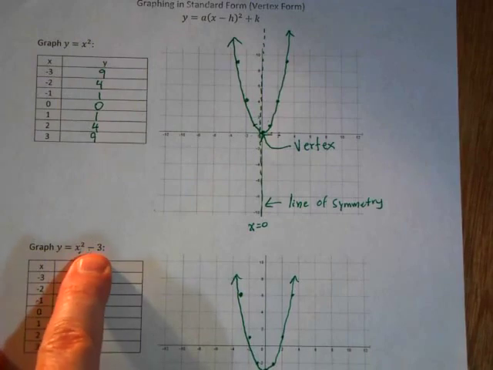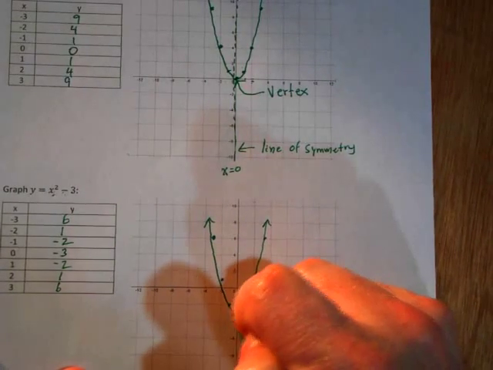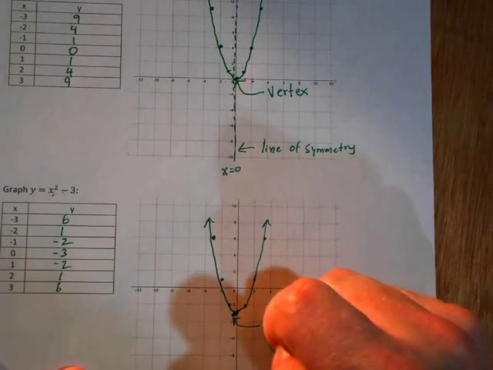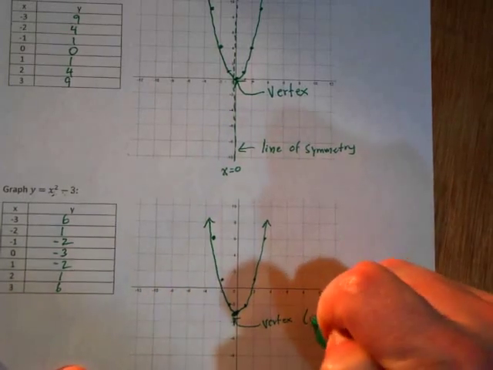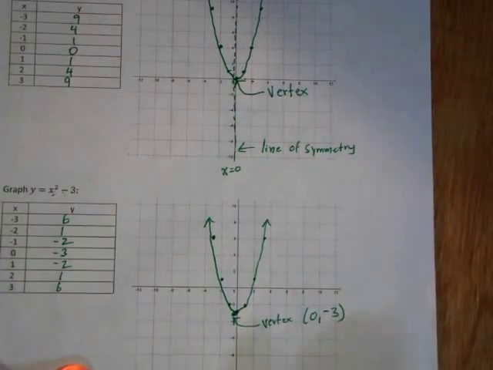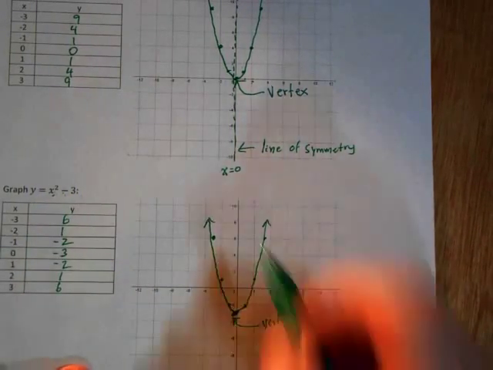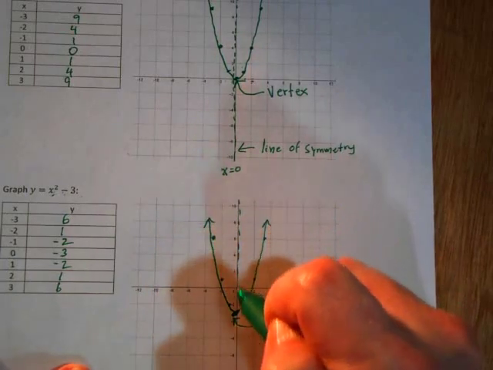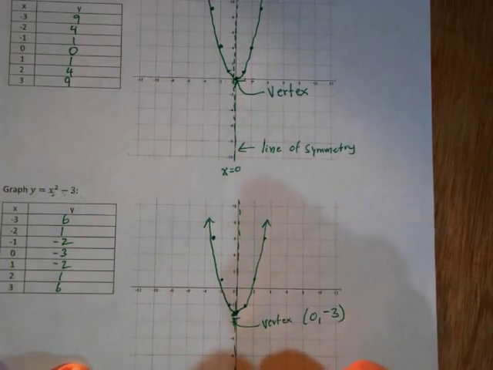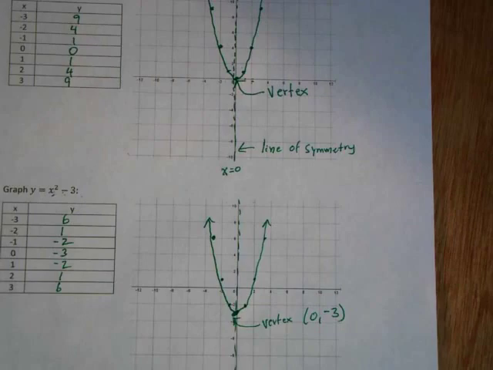That's what that minus 3 did right there. So our vertex now is the point 0, negative 3. The negative 3 simply moved the vertex and moved the whole rest of the graph. And our line of symmetry hasn't changed. It's still x equals 0.